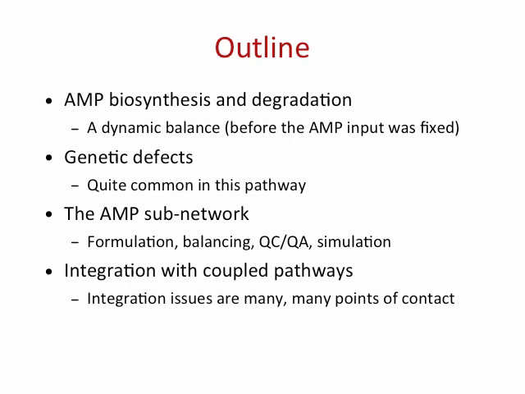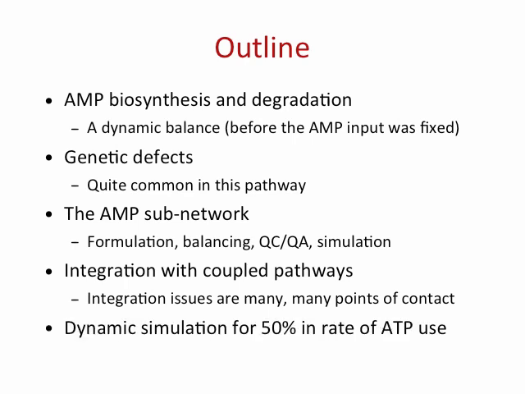The integration issues here are many, as there are many points of contact between the two modules being integrated. We will then do a dynamic simulation of 50% increase in the rate of use of ATP usage, which is the same simulation as we've been considering throughout the text.